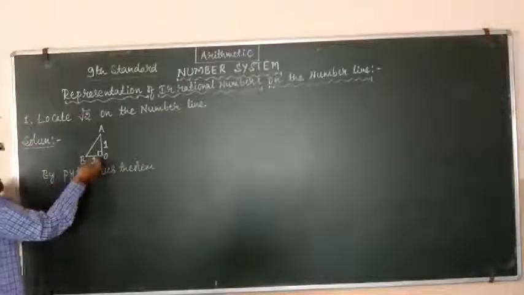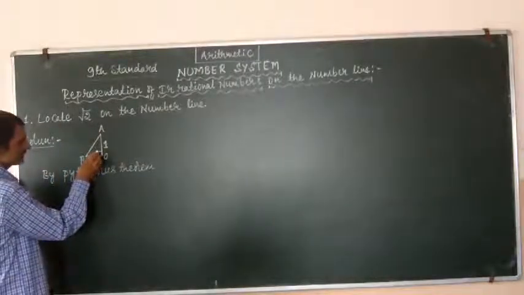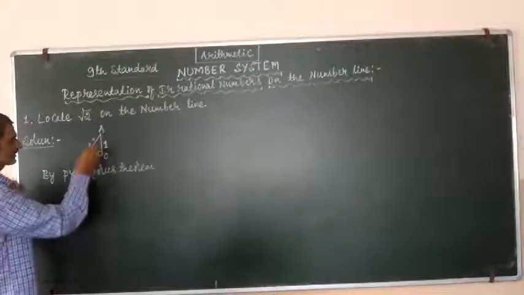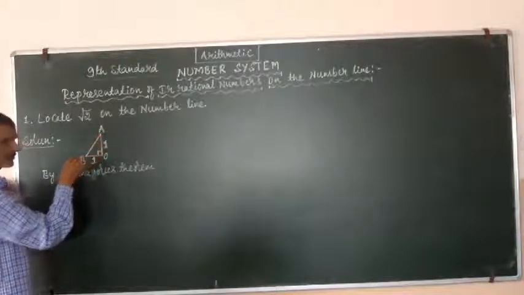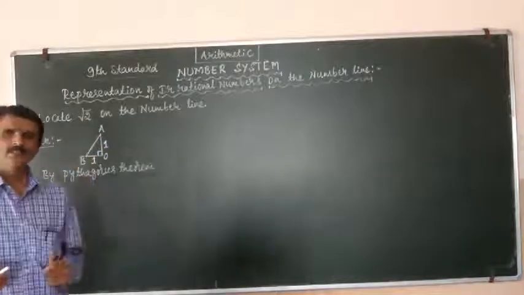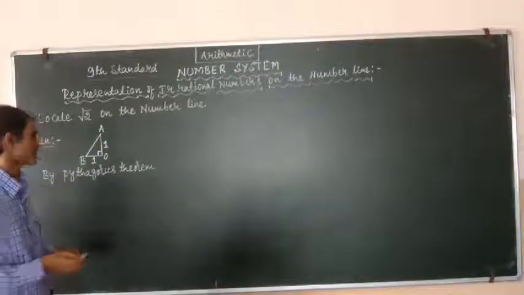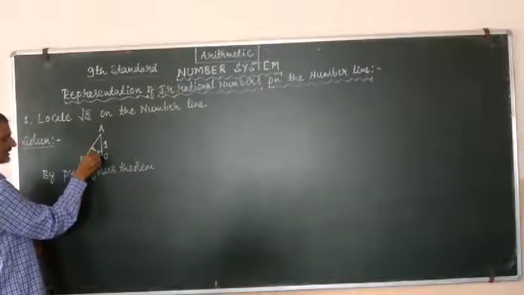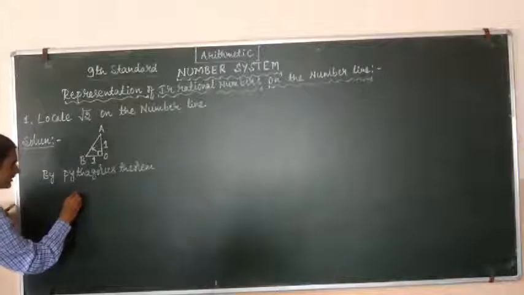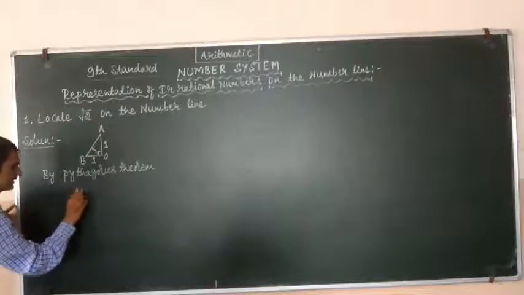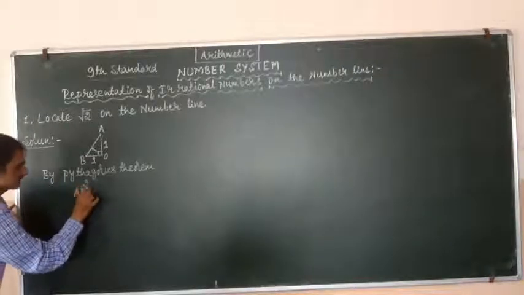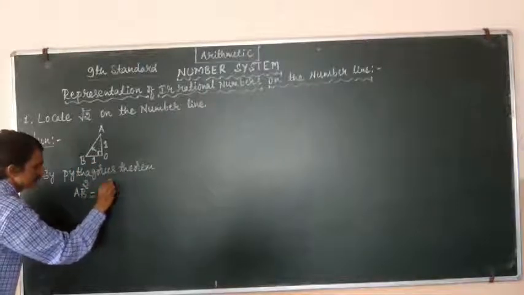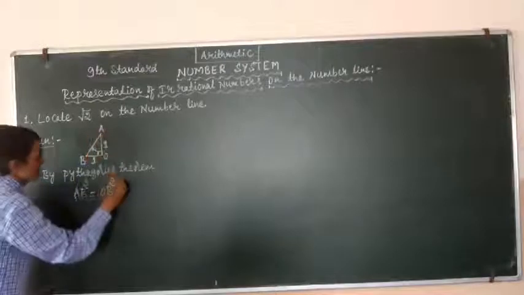So which is the hypotenuse here? Yes, AB is the hypotenuse. Why? Because it is opposite to the right angle. If you apply that, AB square equals OB square plus OA square.